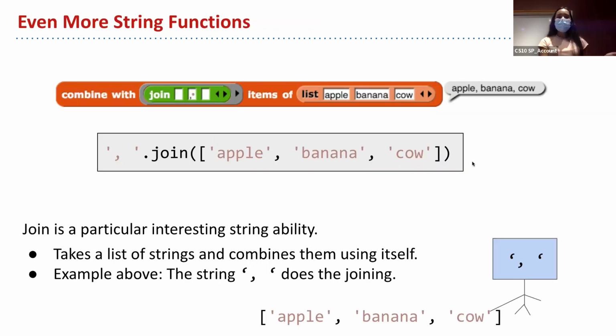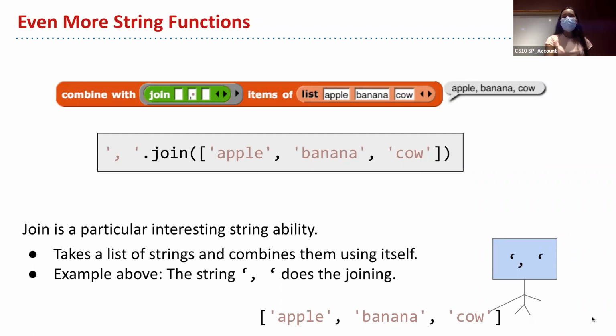Again, some more string functions. This one is actually really important. This is dot join. This is kind of weird, but it's analogous to using combine in Snap when you're using join with it. If we do dot join, we pass in an empty string or something here that will join these values.